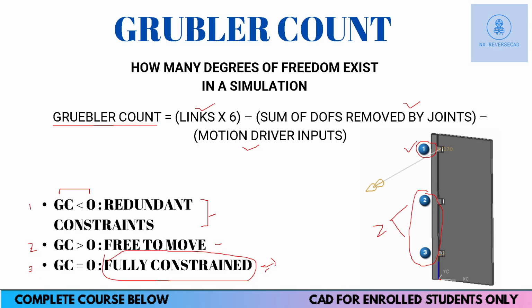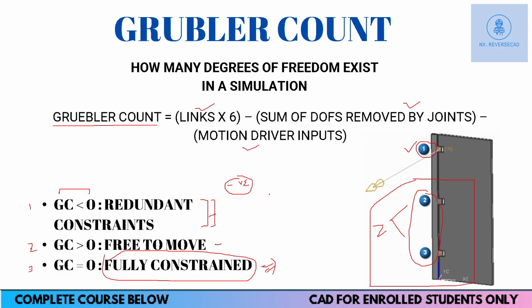We will try to achieve this, but the important thing is you will mostly have the case when your Grubler count is less than 0. That means it can be negative. The good thing about NX is even if your Grubler count is less than 0, or it's a case of redundant constraint, it will automatically remove the effect of these two redundant constraints and give you the output accordingly.